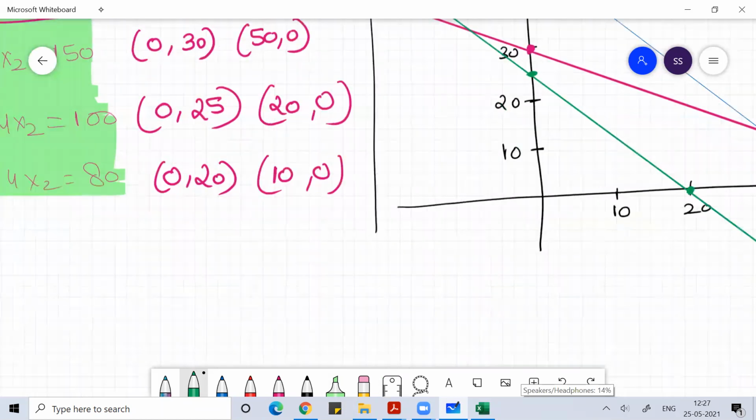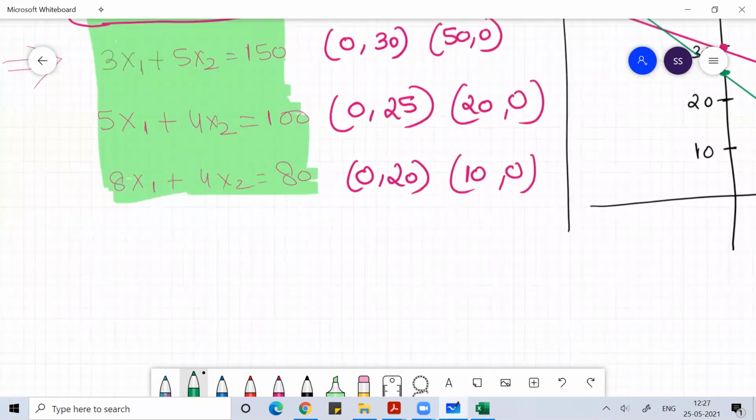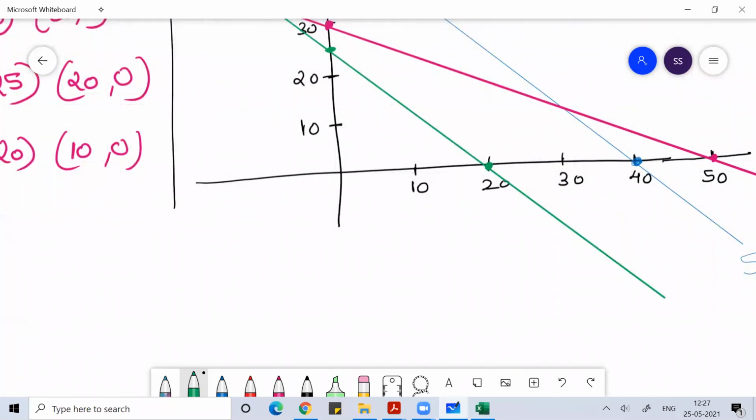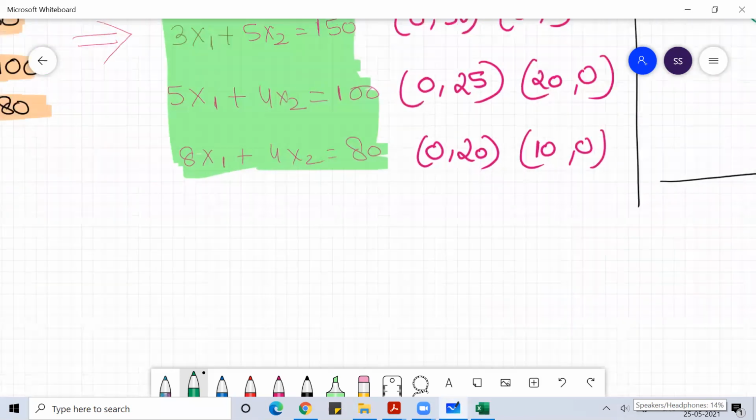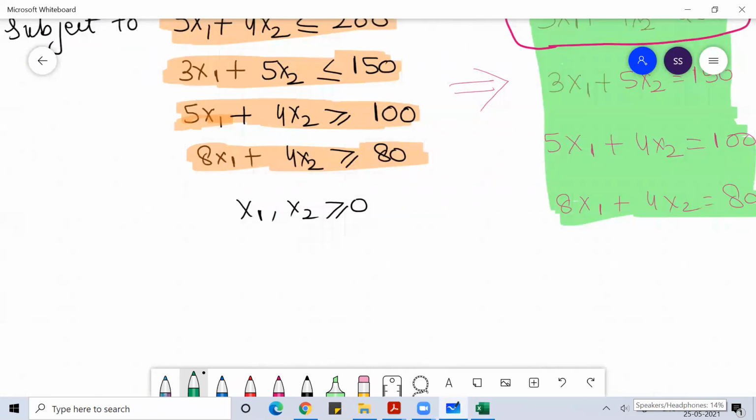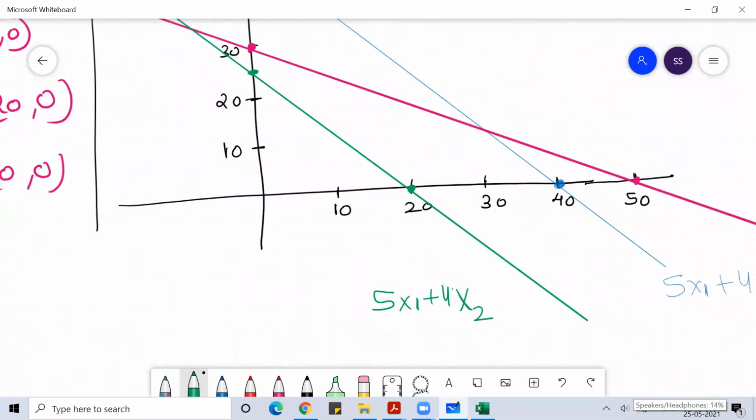The third line is 5x1 plus 4x2 is greater than or equal to 100.